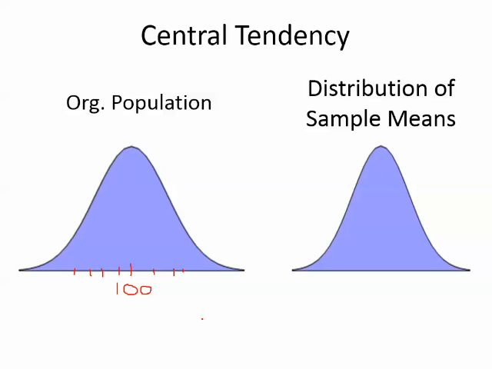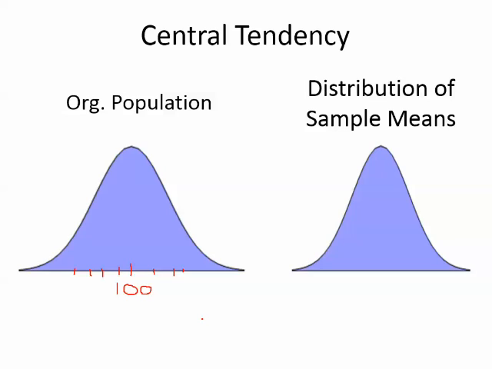Now, of course, you go to your unit normal table and figure that out, but remember, it's about 68%, roughly. So we have a 68% chance of selecting somebody that is within one standard deviation of the mean. So over half the time, we're likely to select somebody that is actually close to the mean.